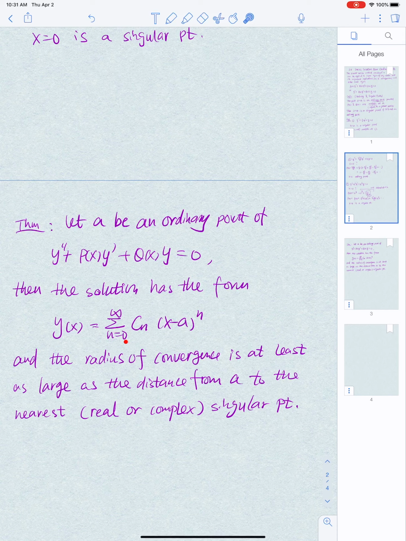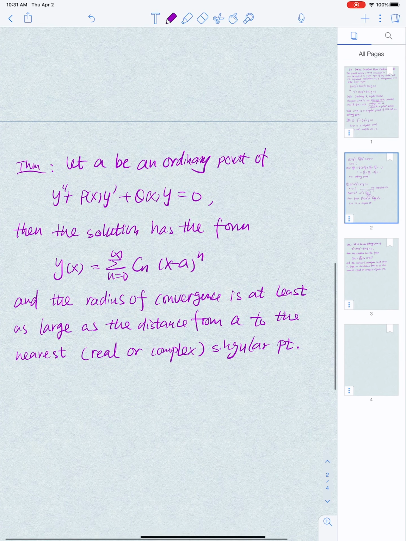And the radius of convergence of this power series is at least as large as the distance from a to the nearest singular point. The singular point can be either real or complex.